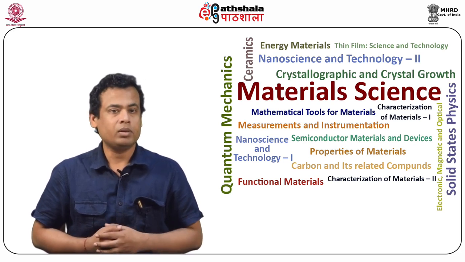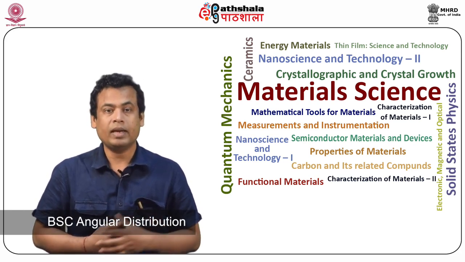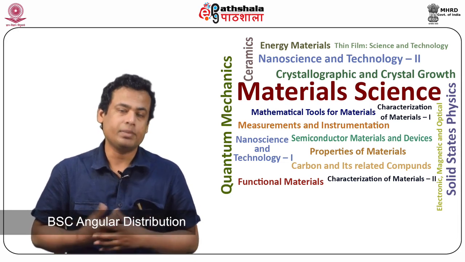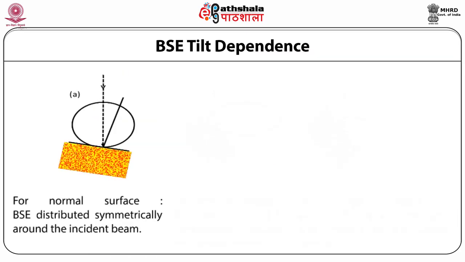And the fourth factor is the backscattered electron angular distribution. The backscattered electron tilt is also affecting the BSE emission. Here, the backscattered electron coefficient increases with tilt as the electrons can escape the surface with less total angular deviation.